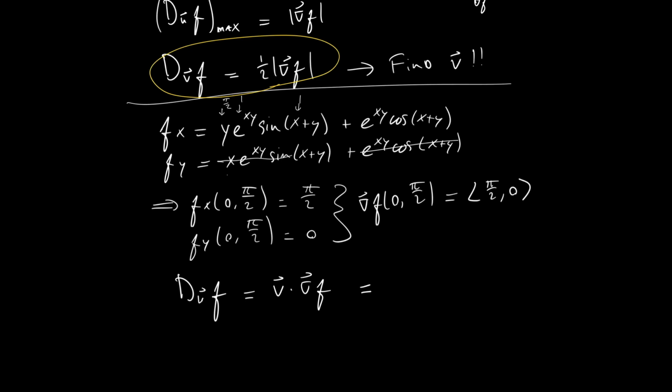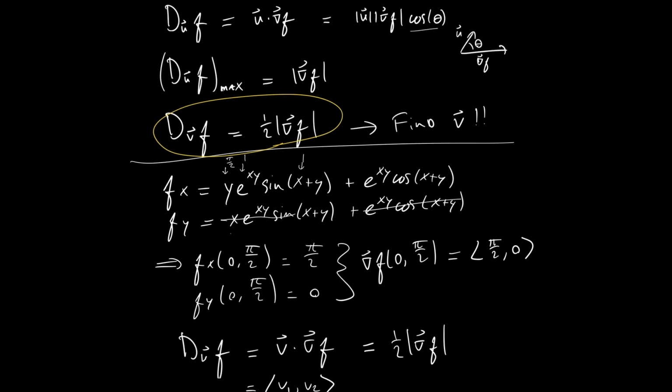Which has to then be equal to a half times the absolute value of the gradient of f. All right, so let's work this out for the point 0 comma pi over 2. Well, let me start by writing out v in its components, and let's call those v1 and v2, not to be confused with the naming of those vectors.